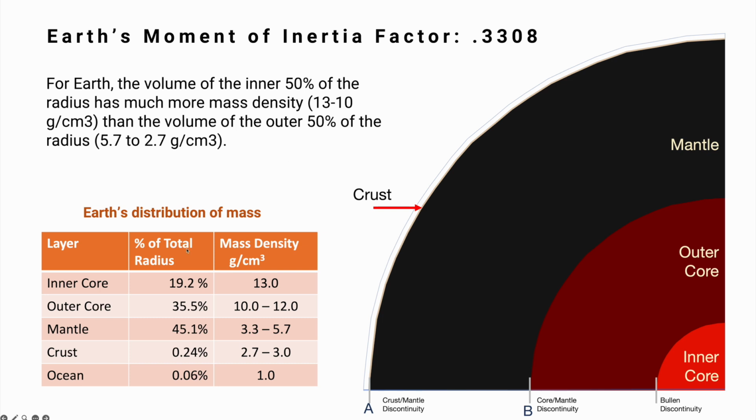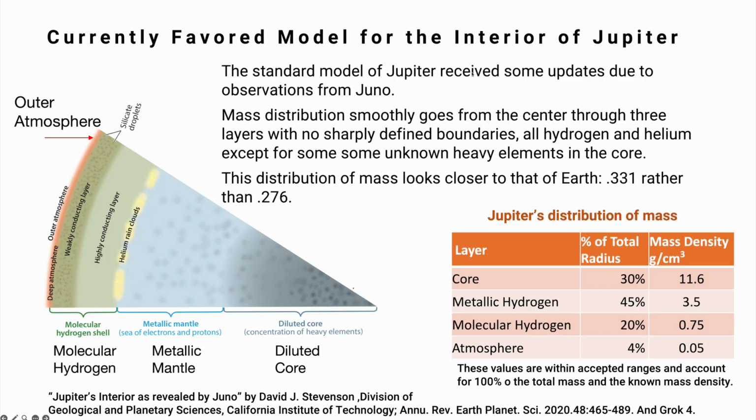You can see the inner core and outer core goes from like 13 grams per centimeter cubed to 10, and then the mantle is 3.3 to 5.7, and the crust, which is very thin and hardly contributes at all, neither does the ocean, and that's what it looks like for a moment of inertia factor of 0.3308.